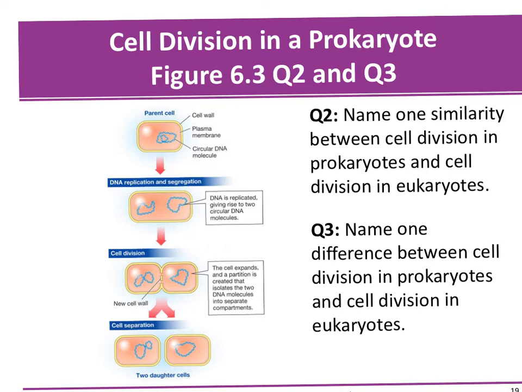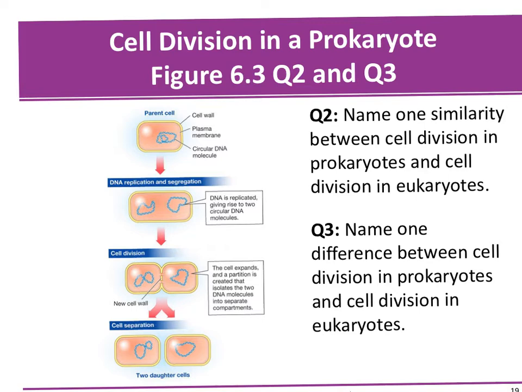Name one similarity between cell division in prokaryotes and cell division in eukaryotes, mitosis. Name one difference between cell division in prokaryotes and cell division in eukaryotes. Well, prokaryotes don't have a nucleus, so they don't go through all that rigmarole of separating the DNA.